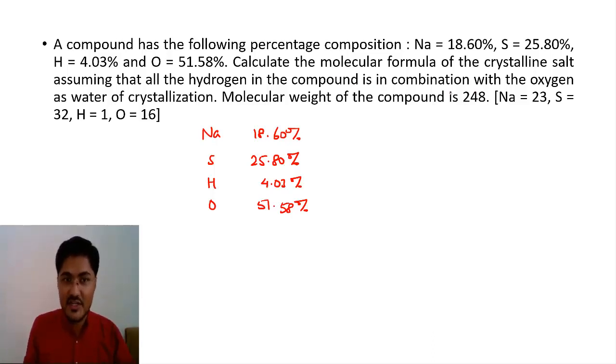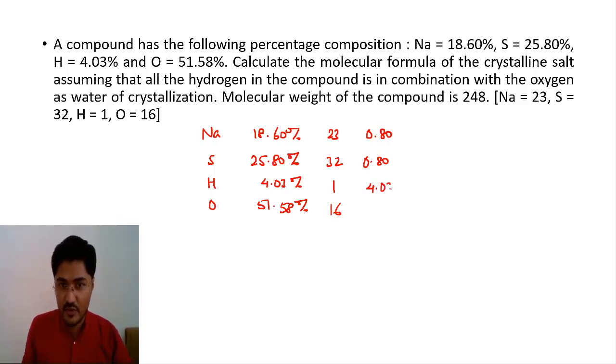We have something in addition to this, that is the water of crystallization. First of all, let's look at this as the regular empirical formula question. So sodium is 23, sulfur is 32, hydrogen is 1 and oxygen is 16. So the relative atoms we get as 0.80 for sodium, 0.80 for sulfur, 4.3 for hydrogen, and 3.22 for oxygen.